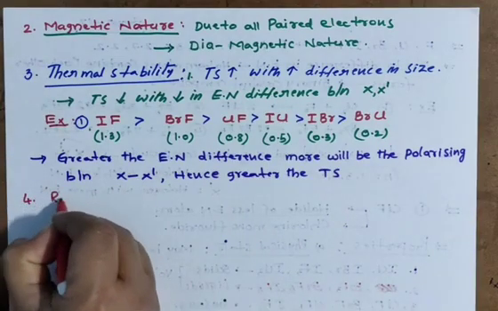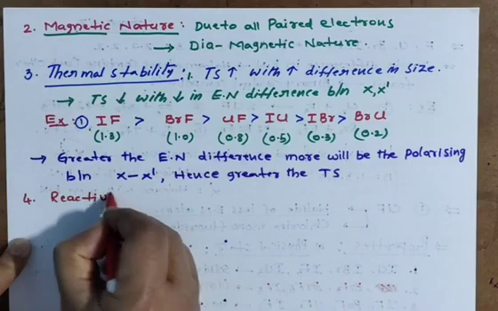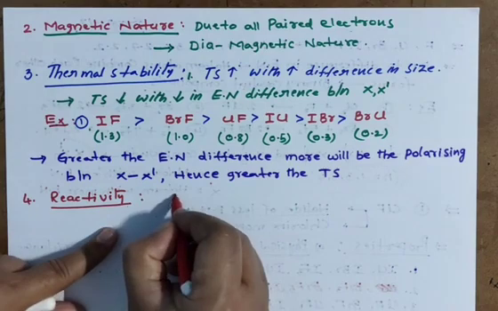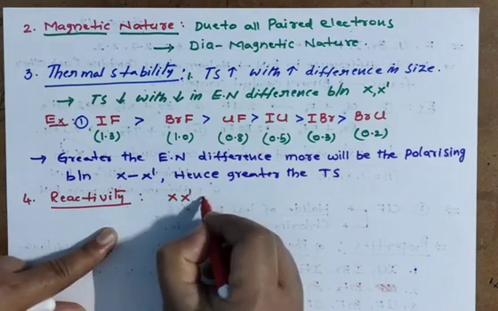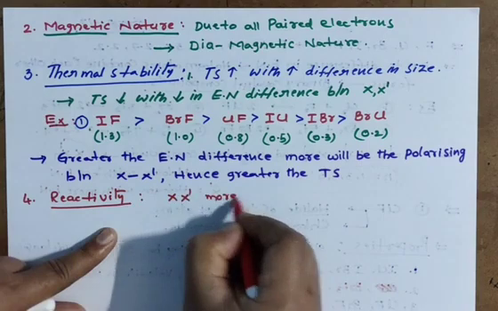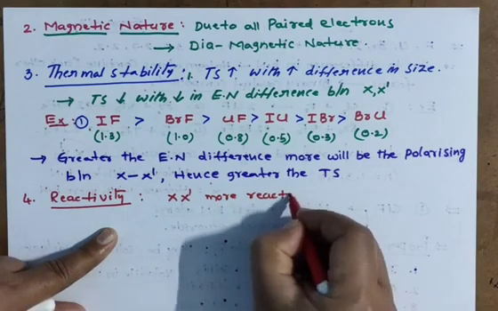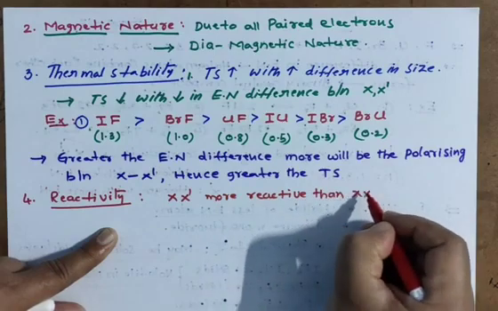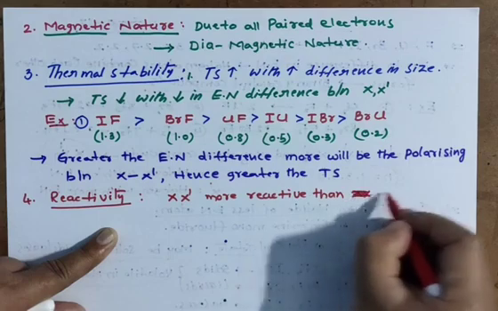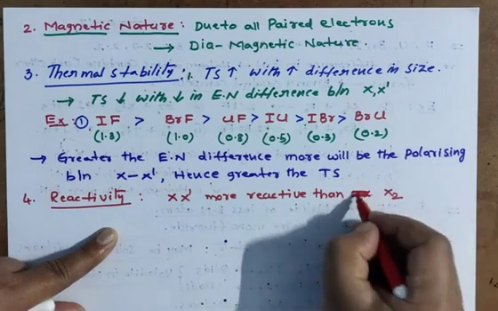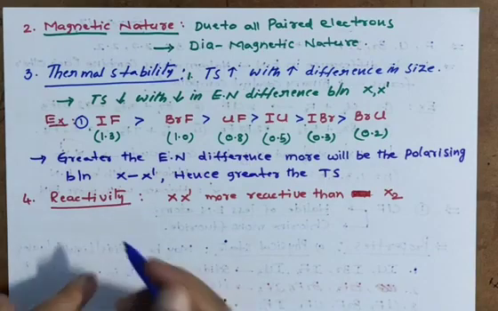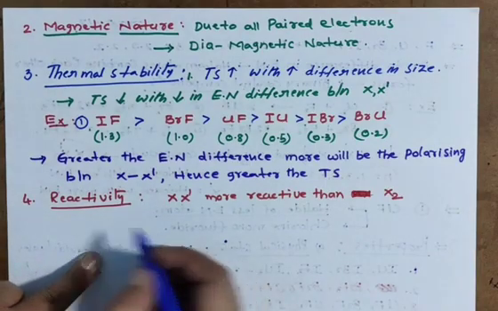Next, reactivity. Another important property of interhalogen compounds is reactivity. Generally, XX dash compounds are more reactive than X2. What is the reason?